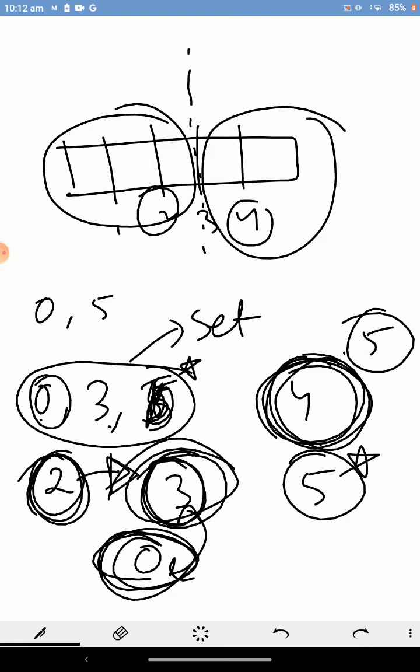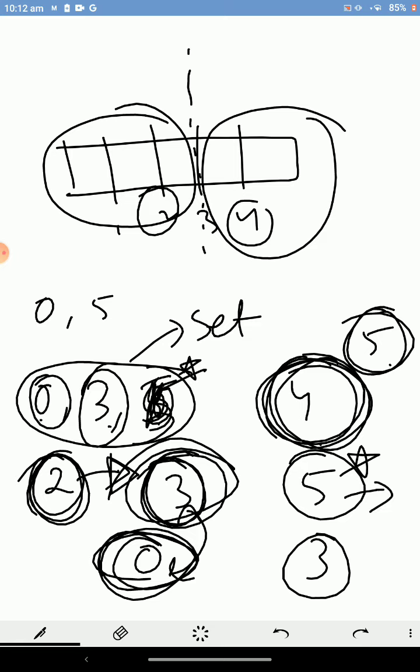And for just lower than 4, we take the upper bound and decrement it by 1 position, so it would be 3, since 0, 3 and 5 are the elements of the set. This is the number that the upper function would return, and this is the number that the lower function would return.